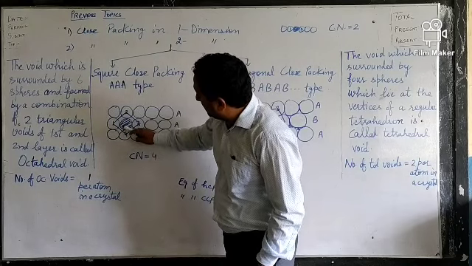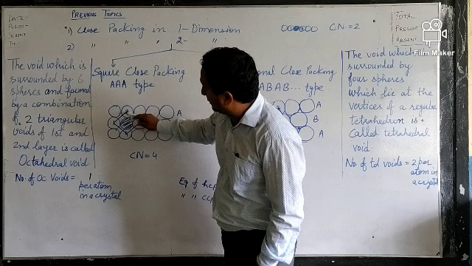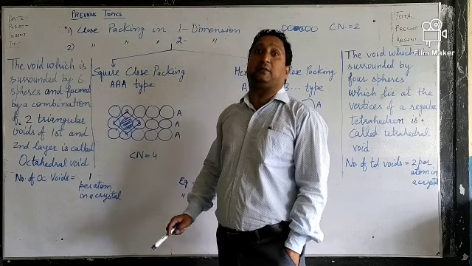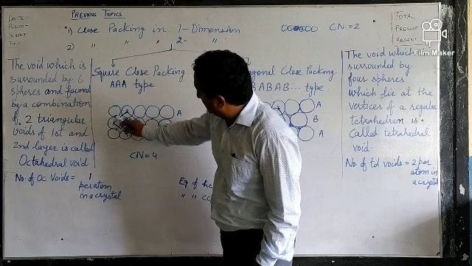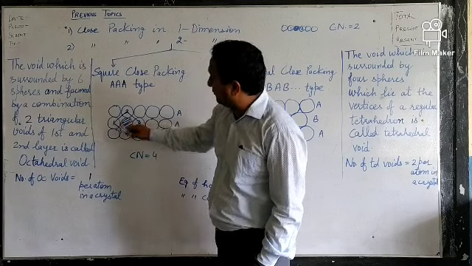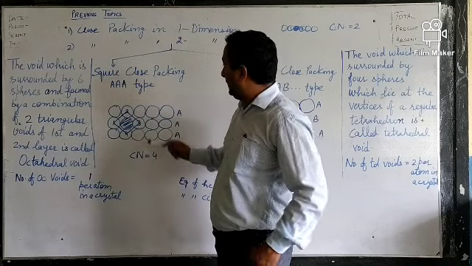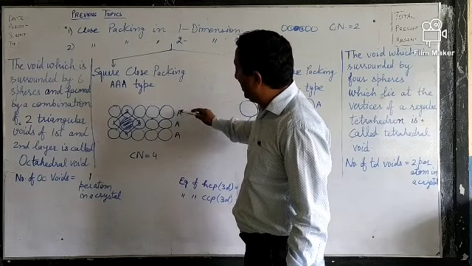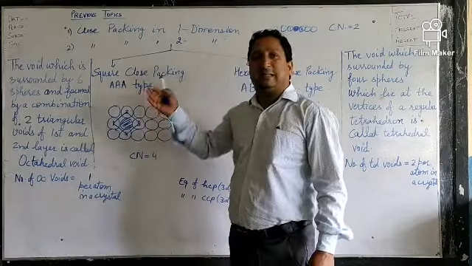If I darken this circle, there are 4 spheres in direct contact with it. If I join the centers of these 4, they form a square. That's why it is called square close packing, and it is called AAA type, because the layers coming here are the same.